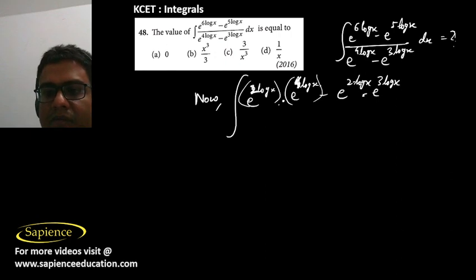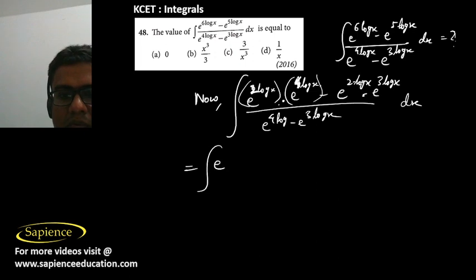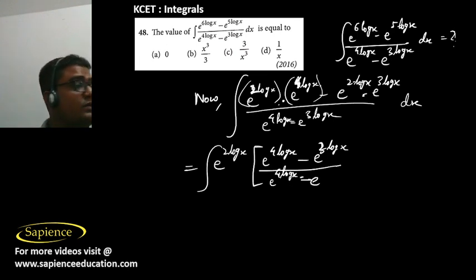Why? If the two terms are multiplied, then the exponents are added. Divided by e^(4 log x) minus e^(3 log x) dx. So this will be equal to the integral, taking e^(2 log x) common from the numerator, of e^(4 log x) minus e^(3 log x) divided by e^(4 log x) minus e^(3 log x) dx.